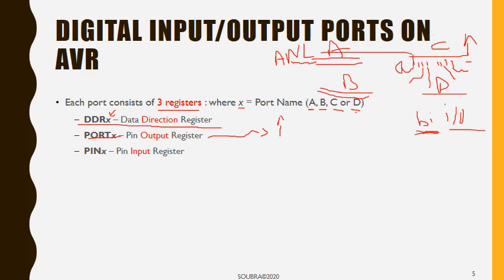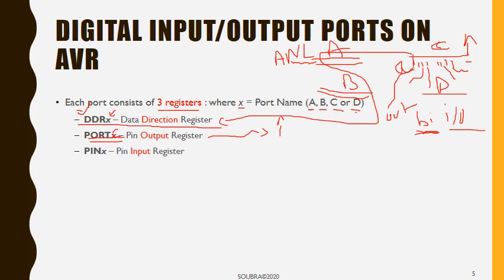And for each pin, you should deal with the direction using the DDR register. Should you choose a pin as an output, here you need to say that the value of my output will be written in PORT. In that case, we're dealing with port C, so it would be in PORTC.